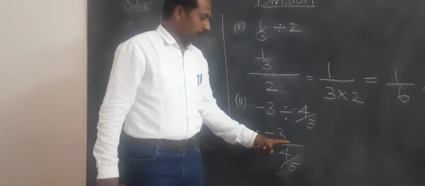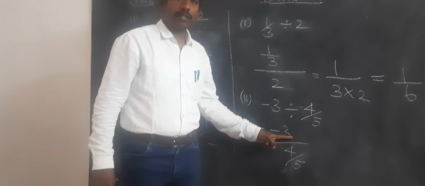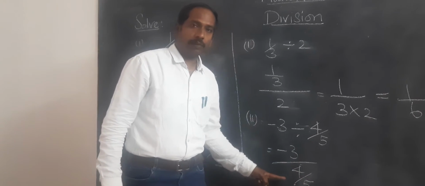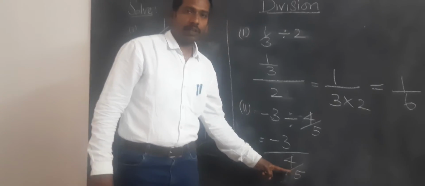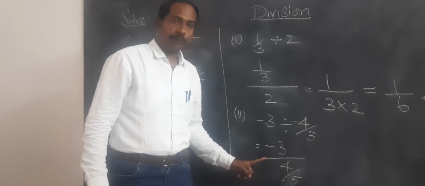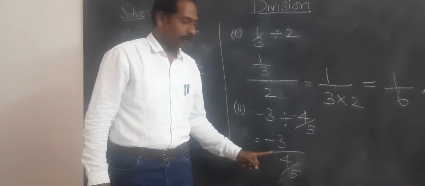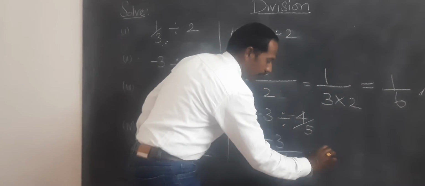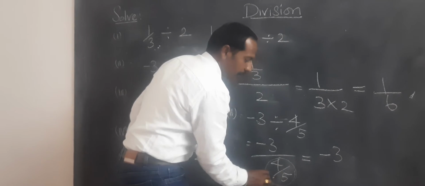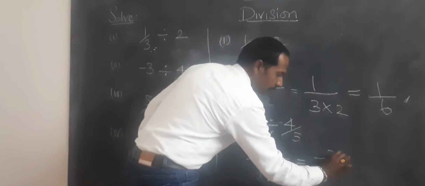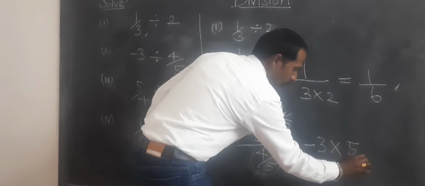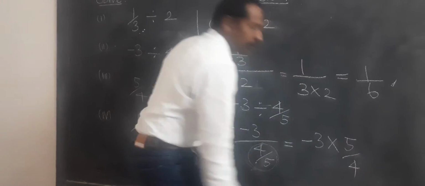When you see a real number in the numerator, but at the same time a fraction in the denominator, you write the reciprocal of the denominator, because the reciprocal of division is multiplication. So you write negative 3, and because the denominator is a fraction, you interchange it and write multiplication by 5 over 4.